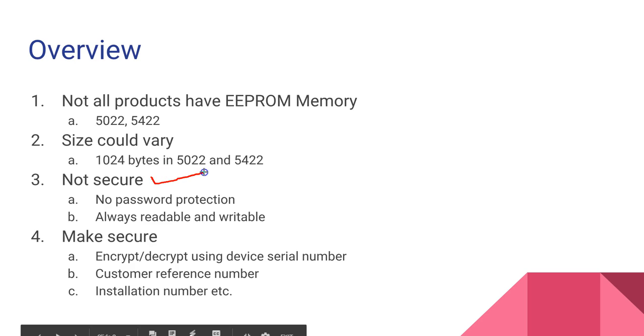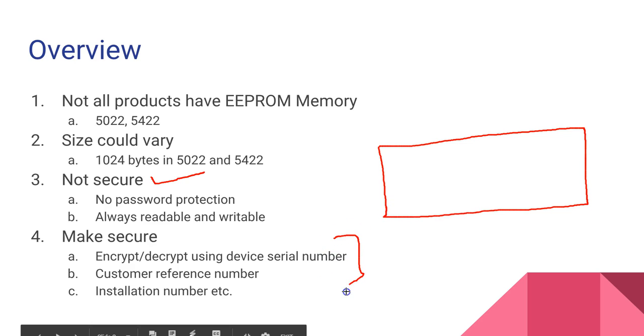The data you keep in the EEPROM is not secure. That means there is no password protection and you can always read and write. So if you are a developer, you can make the data you write very secure by using some kind of cryptography functions to encrypt and decrypt the data, and you can use any sort of key to encrypt.